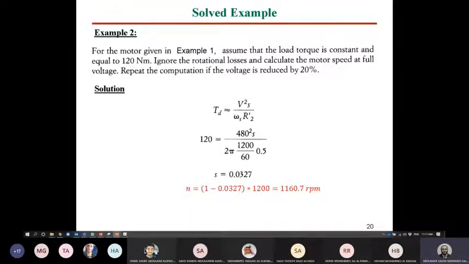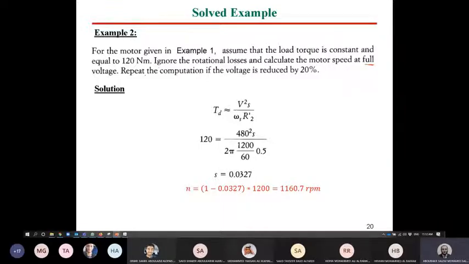Here, the example says: for the motor given in example 1, assume that the load torque is constant and equals 120 Newton meter. Ignore the rotational losses and calculate the motor speed at full voltage. So firstly, we need to calculate the motor speed at full voltage. It's not speed control now, it's just a normal problem.